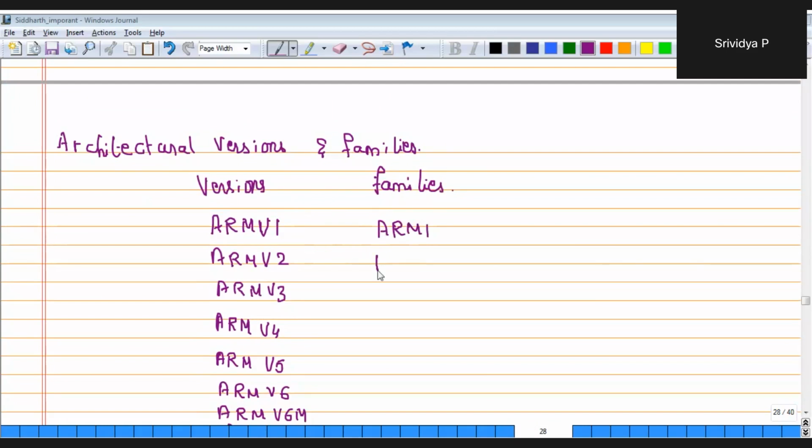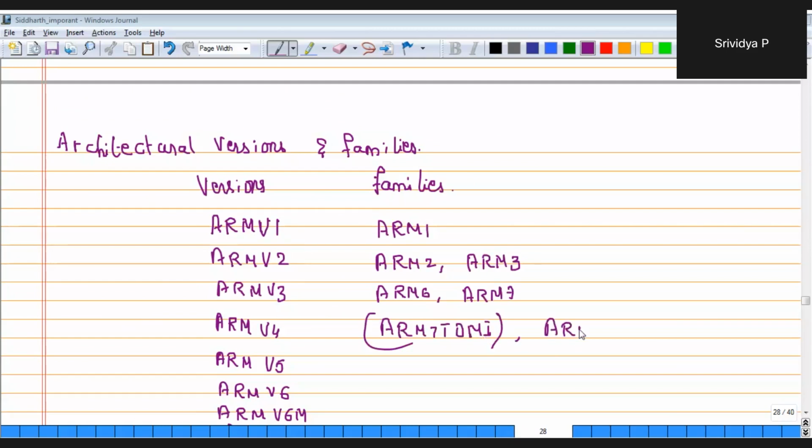For ARM version 2, the examples are ARM2 processors and ARM3 processors. For ARM version 3, examples are ARM6 and ARM7 processors. For ARM version 4, the examples are ARM7 TDMI, and this is the most popular architecture, ARM7 TDMI and ARM9 TDMI.